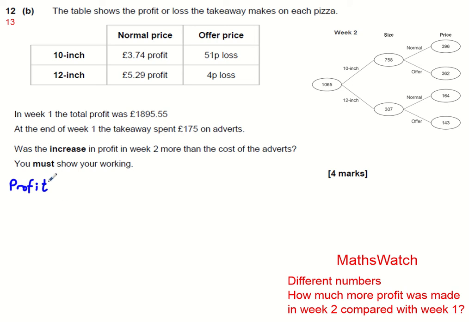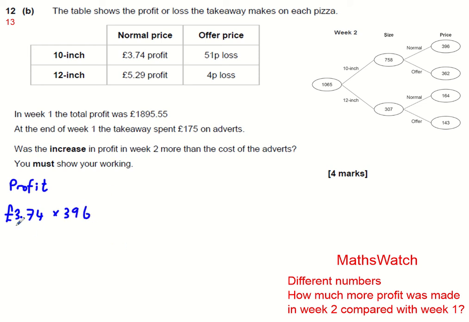So for the profit, we've got normal price of £3.74 for the 10-inch and £5.29 for the 12-inch, and we're going to take our numbers from the frequency tree found in the last part of the question. So for the 10 inches at normal price, we sold 396 of them. So we're making £3.74 profit on 396 pizzas.